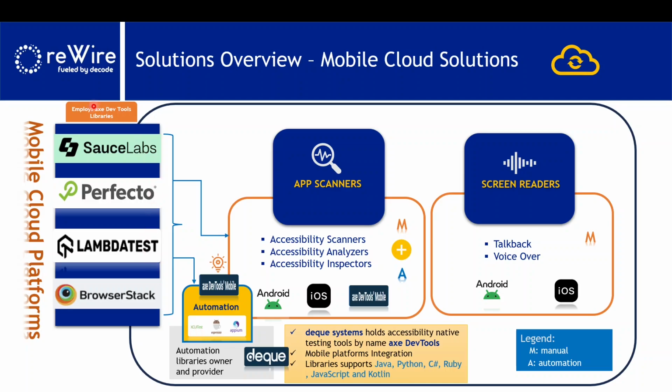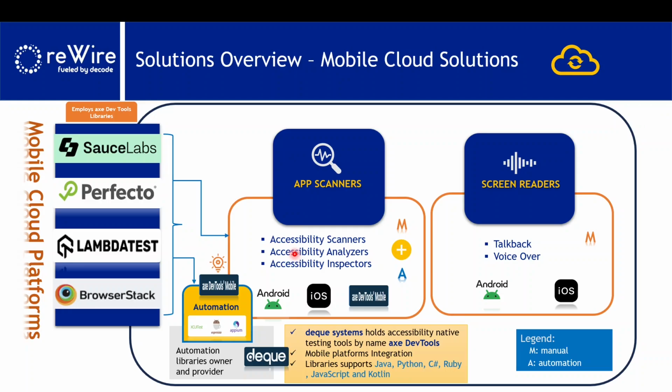Okay. Now this part is the mobile cloud platforms. They have their own manual analyzers. I have gone through all these sites and understand they have integrated Android and iOS accessibility analyzers and scanners, and made their platform user friendly to conduct scanning and analyzing the app screens.